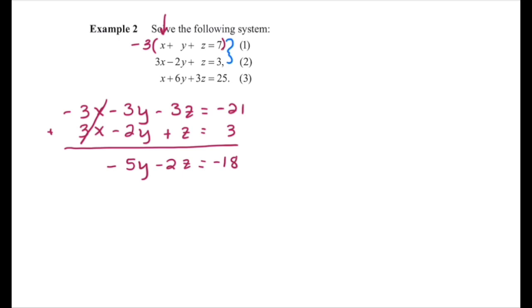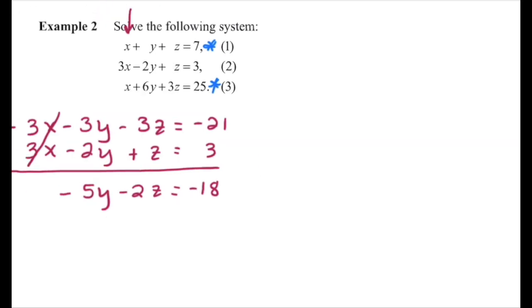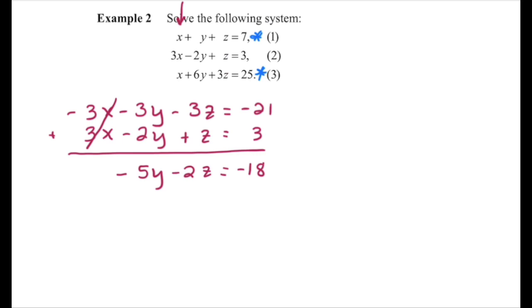I'm now going to look at my first and my last equation. Because notice that my first and my last equation here, they have the same value as our coefficients, only one would need to be multiplied by a negative value so that the x variable would eliminate.